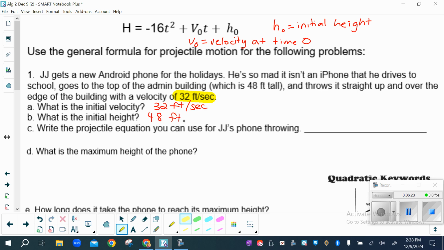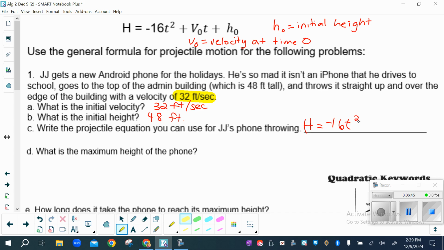So what you will need to be able to do is to plug these two into this equation here. Okay, so we have capital H, our height, is equal to, we're going to leave the negative 16t squared. So instead of having an x, we have a t for time.